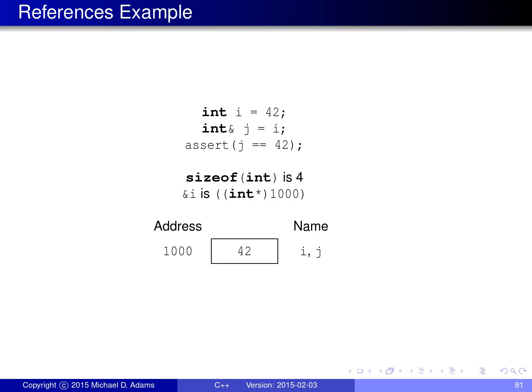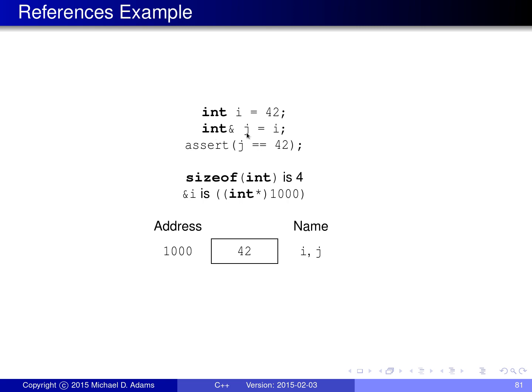To better illustrate the concept of a reference, I have an example on this slide. At the top we have a small code snippet, a few lines of C++ code. We're creating a variable called i, which is type int, and we're initializing it to 42. Then we're creating another identifier called j, which is a reference to an int.